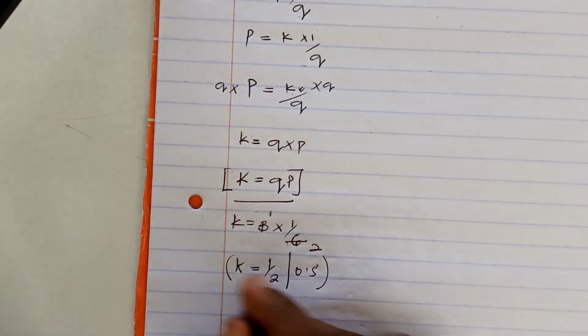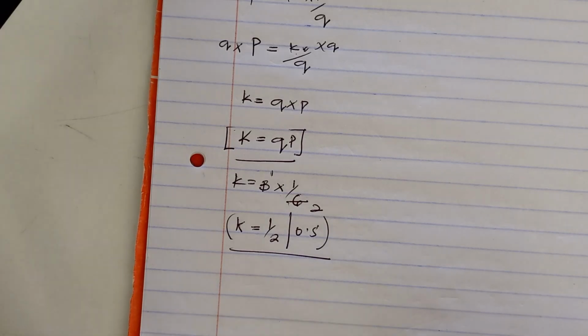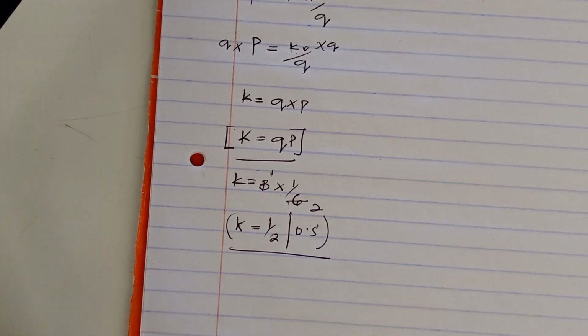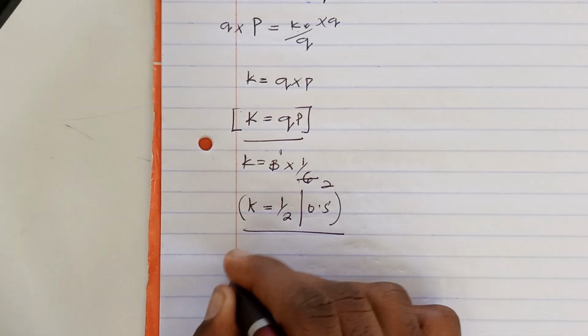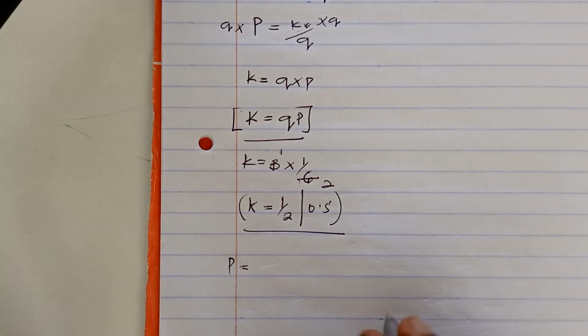Whichever way you can choose, either to use decimals or fractions, but in this case I would advise you to always use fractions, or in any case nothing can go wrong. You're told to find P, you're finding the value of P when Q is equals to 9.